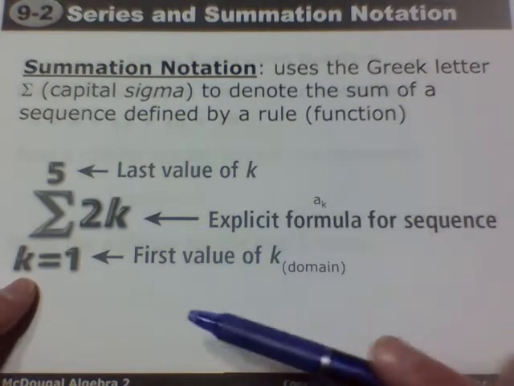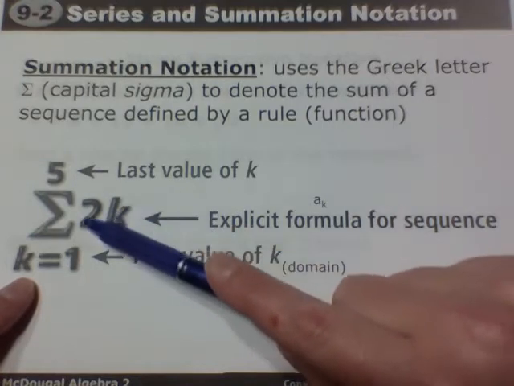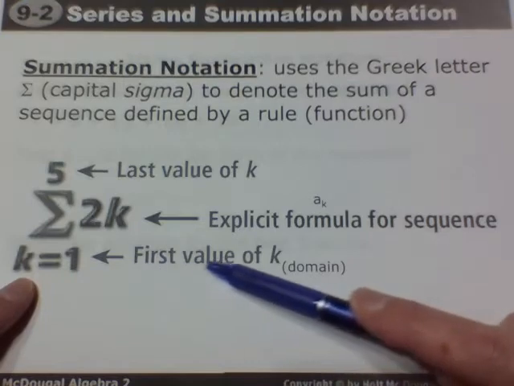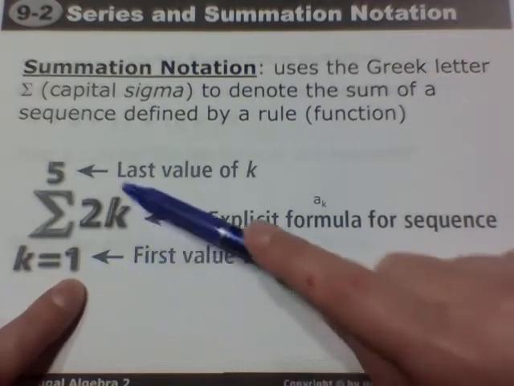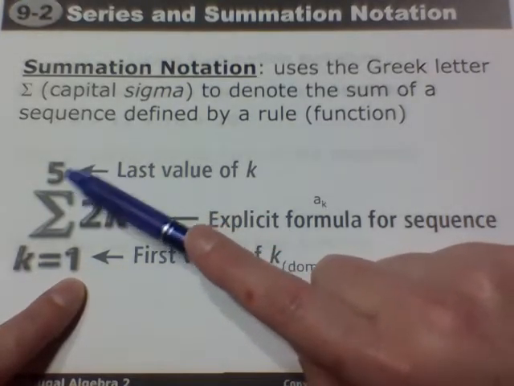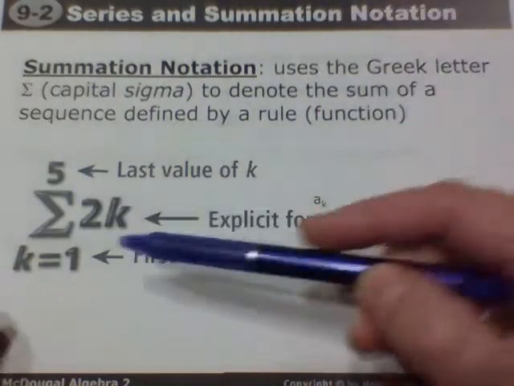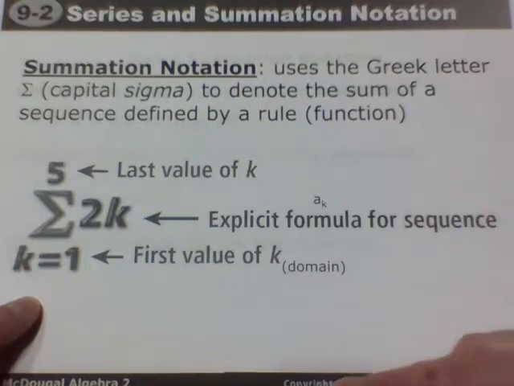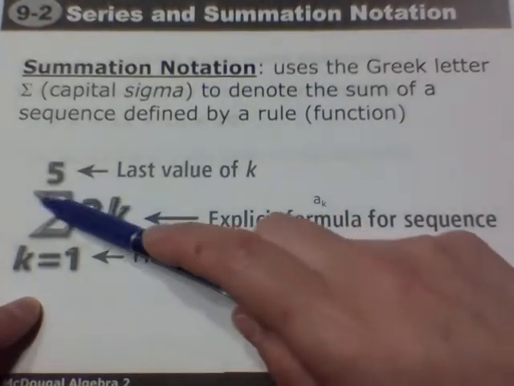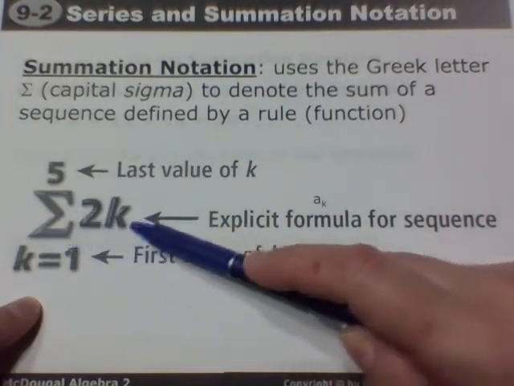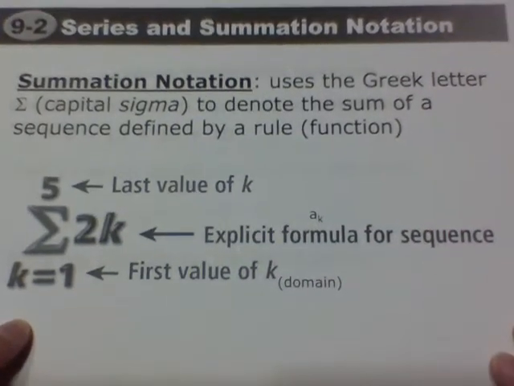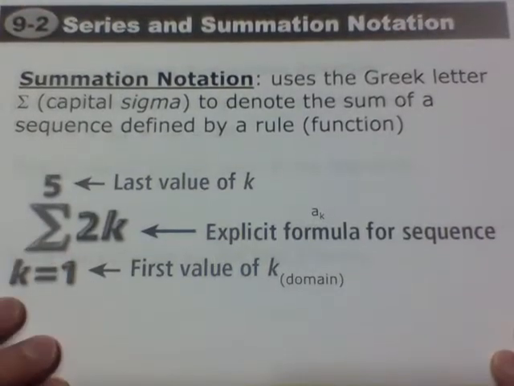You're going to evaluate this explicit formula for the values from 1, because it's always starting at the first value of 1, and then ending at, in this case, 5, or whatever the top number is. So let's say that you have it listed from 0 to 20. That means that you're going to have 20 of those numbers that you're going to have to add together, based on whatever this rule is. So kind of a lot to go on, but we're going to use this notation here.